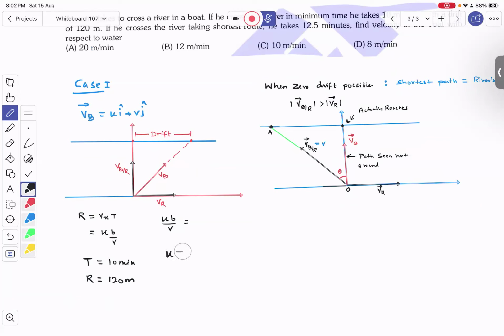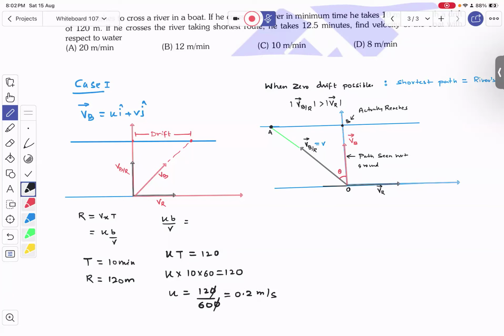So u into t is basically equal to 120. 10 minutes is how many seconds? 10 into 60 equals 600. So from this we can find u, that is 120 by 600, which will be 0.2 meters per second.